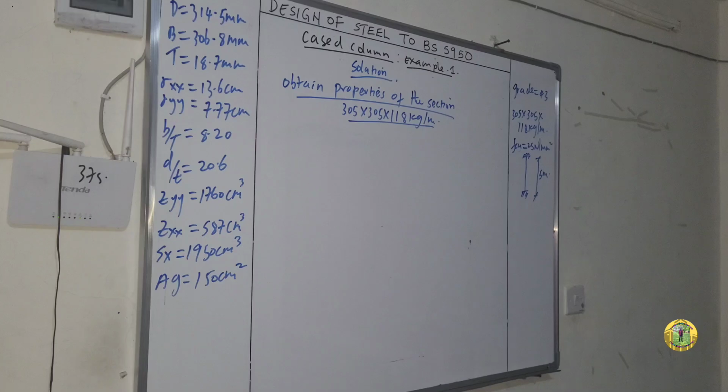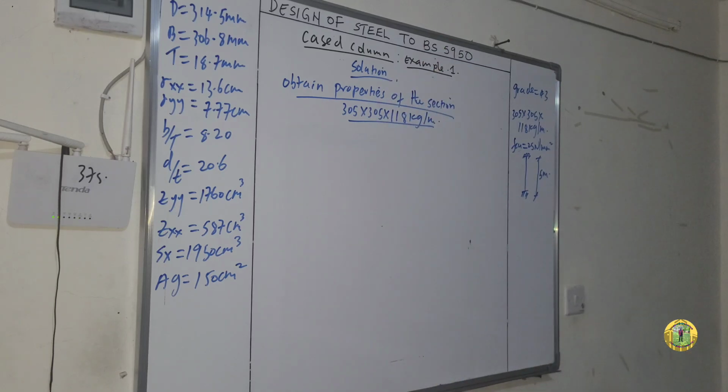D over t 20.6, correct. ZYY 1760 centimeter cubic, correct. ZXX 587 centimeter cubic, correct. And then SX, which is plastic modulus, 1950 centimeter cubic, correct. And then the cross-section area is 150 centimeter square.